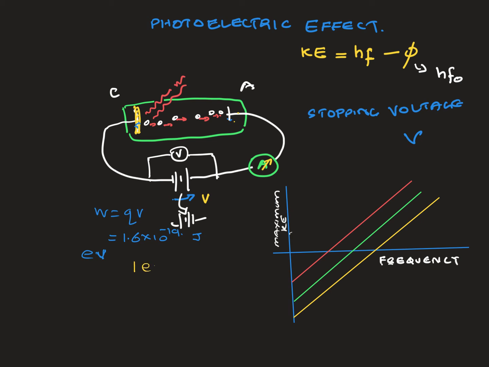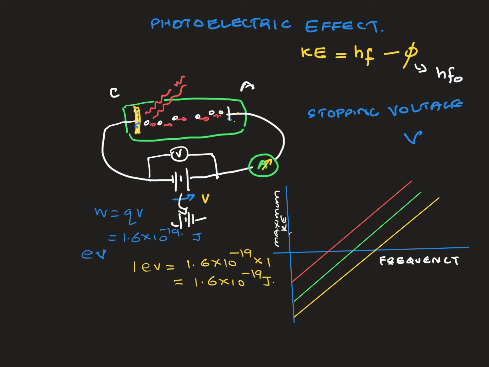So 1 electron volt is when you send a charge of 1.6 times 10 to the power minus 19 through 1 volt, which is 1.6 times 10 to the power minus 19 joules. So 1 electron volt is equal to 1.6 times 10 to the power minus 19 joules, which is quite useful for this type of experiment. Now let's look at this graph here.